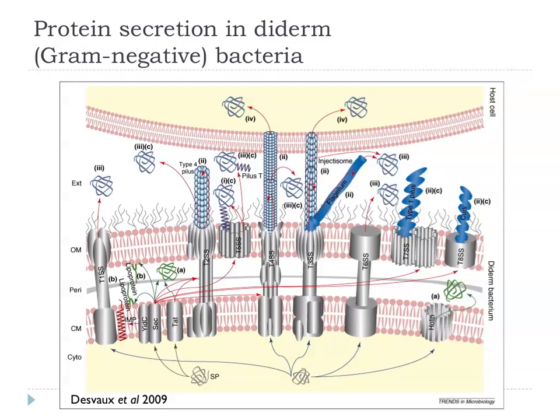Type 3 secretion is an example of such a system, where there is no periplasmic intermediate. Proteins go all the way out through the cell and in fact go beyond that into other cells, all in one step.